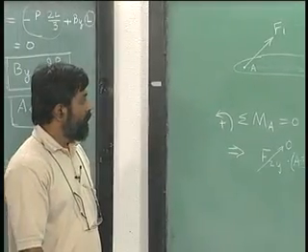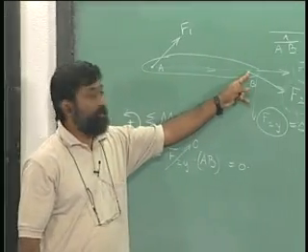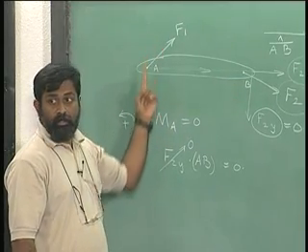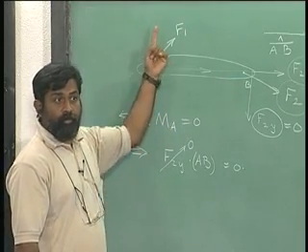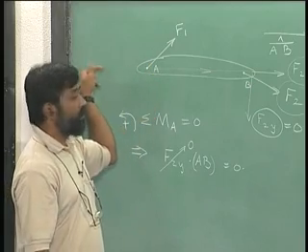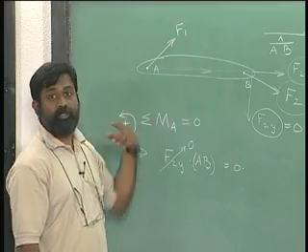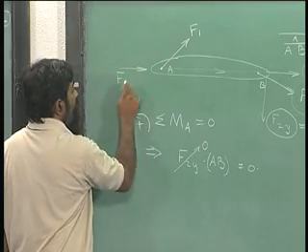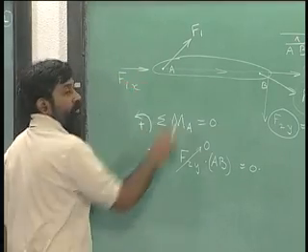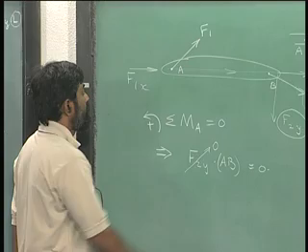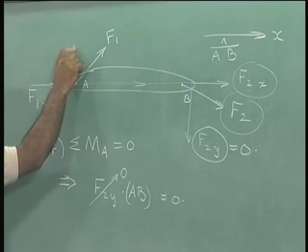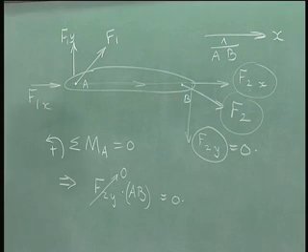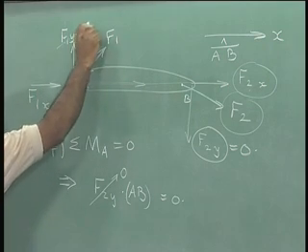By similar argument, if I take moment about this, it is possible to show that the component along AB of F1 is equal to 0. I am sorry, the component perpendicular to AB; F1x and F1y are the 2 components that we can split, and we can immediately say that this is equal to 0.